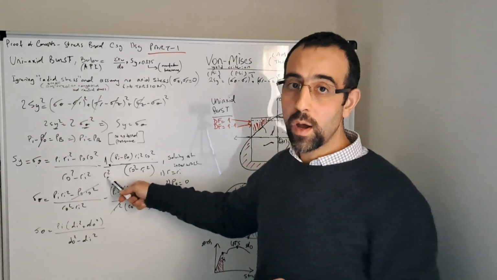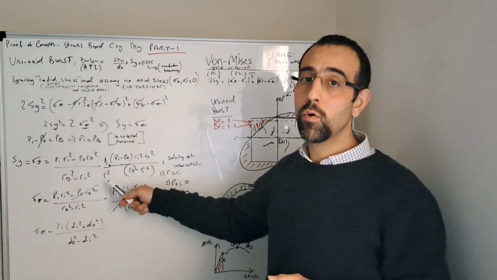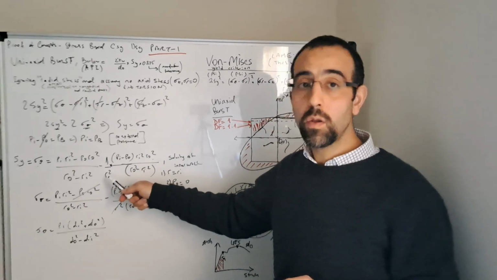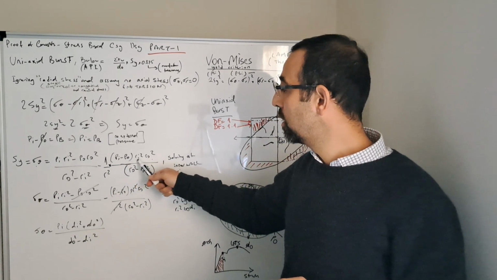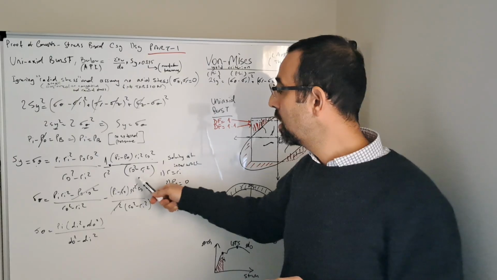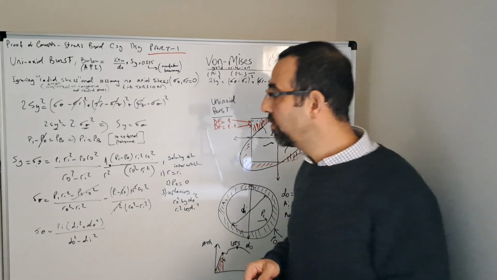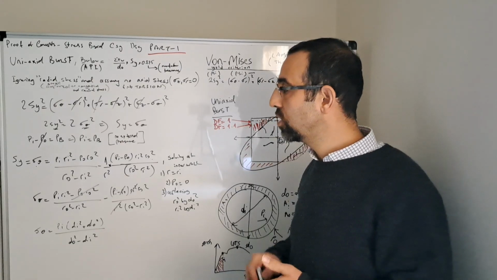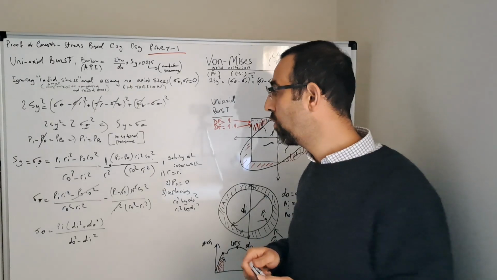That's 1 over r square, depending on if you investigate the hoop stress or tangential stress in the inner wall or the outer wall, and then plus the differential pressure, inner area, outer area, and then the cross-sectional area. Because we know that usually the tangential stress is higher at the inner wall.